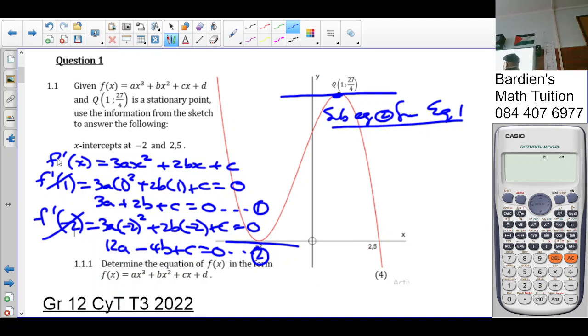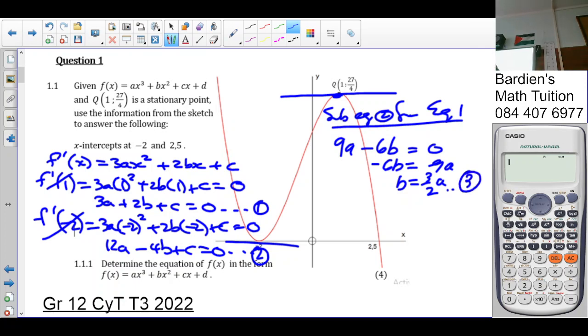If I subtract equation 1 from equation 2, it's going to be 12a minus 3a, which is 9a, minus 4b minus 2b is minus 6b, and the c's cancel, and that's what I wanted. So minus 6b is equal to minus 9, b is going to be 3 over 2a. That's equation 3.